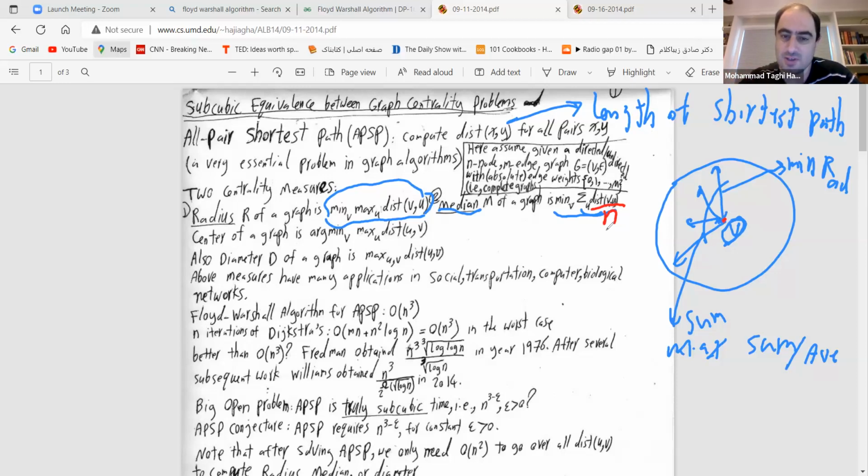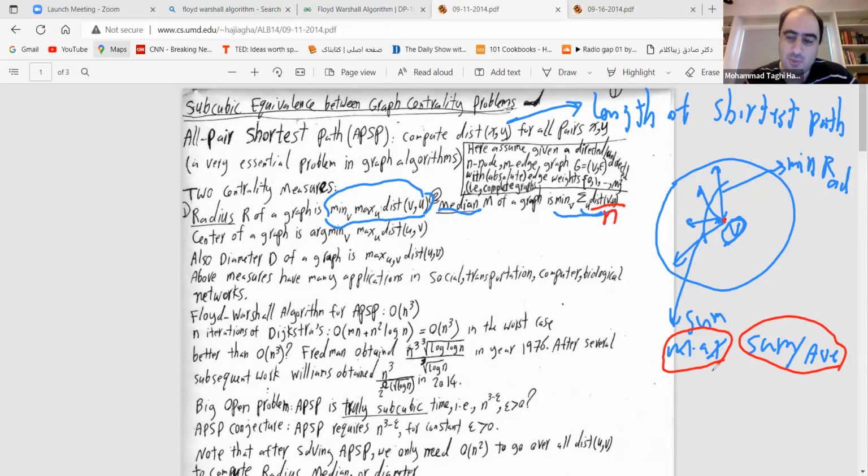This division by n happens in lots of problems. Generally, sum and average problems are the same, and the max is another version. It is very typical that if somebody solves the problem for sum or max, then you can also get it for the other, and generally both of them are interesting.